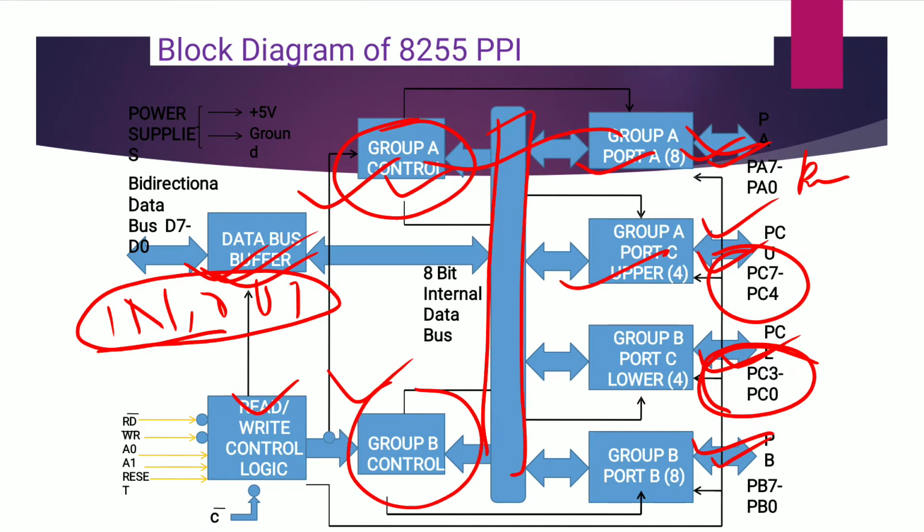Now group B is port B plus port C lower. Port B, that is PB0 to PB7, plus port C lower part, that is PC0 to PC3.